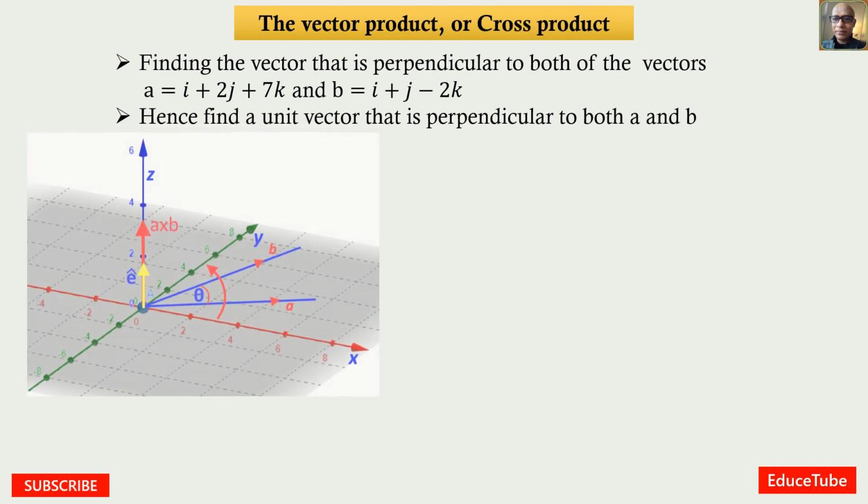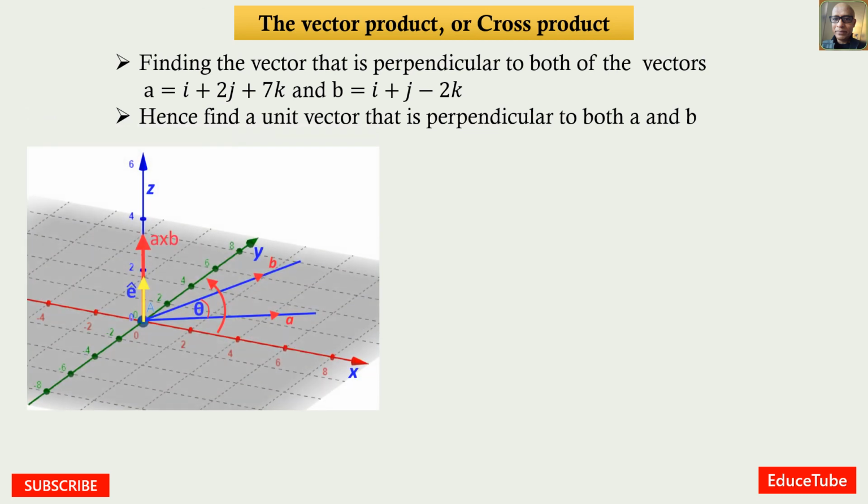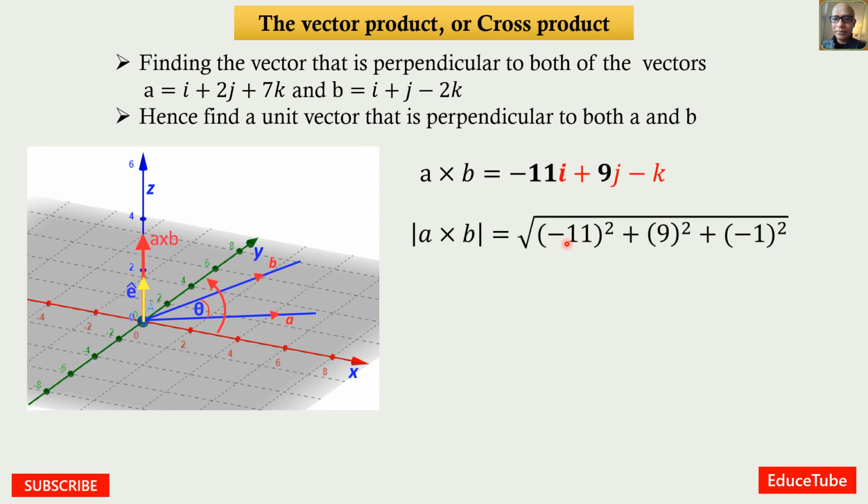So what I will do, I have taken from the end of the previous slide, A cross B equal to minus 11i plus 9j minus k. So here I have to find the magnitude of A cross B. That's what I did. It's an easy procedure.